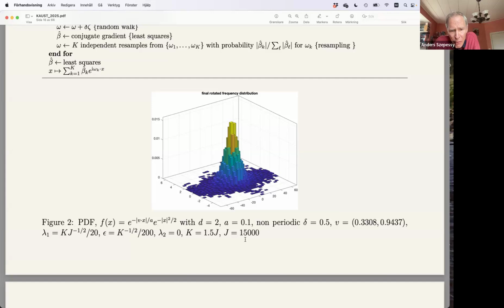And here we have 15,000 data points and a related number of nodes.